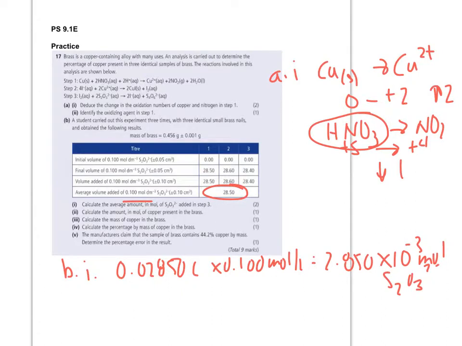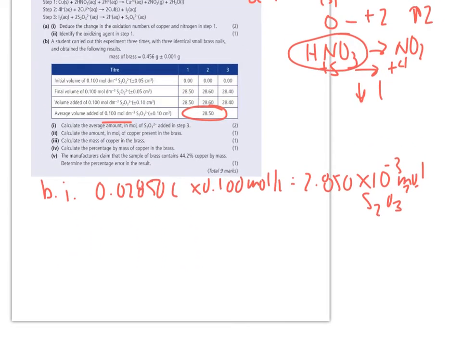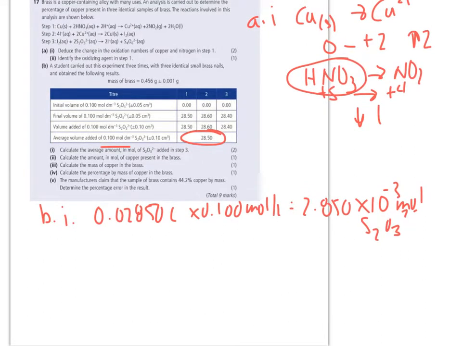And then it says calculate the amount in moles of copper present in brass. So now you need to look at your molar ratios. So I'm going to slide this up a little bit to take a look at it. So I'll keep it here so we can see the equations.